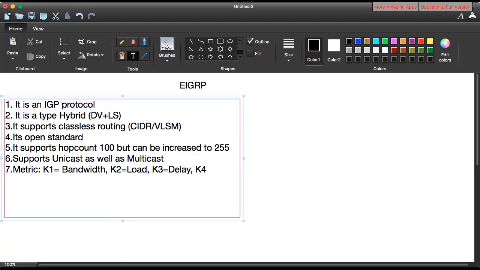What about K4? It should be reliability.